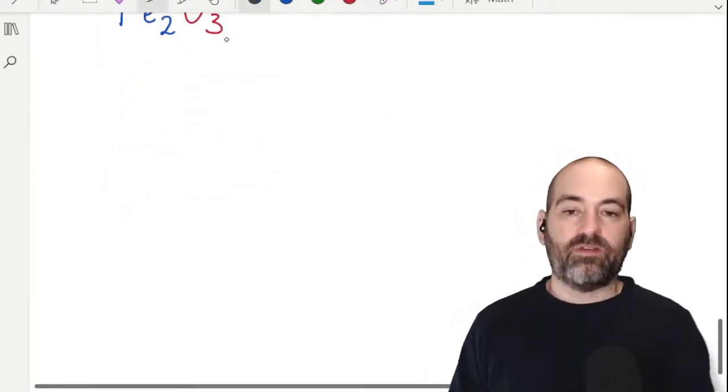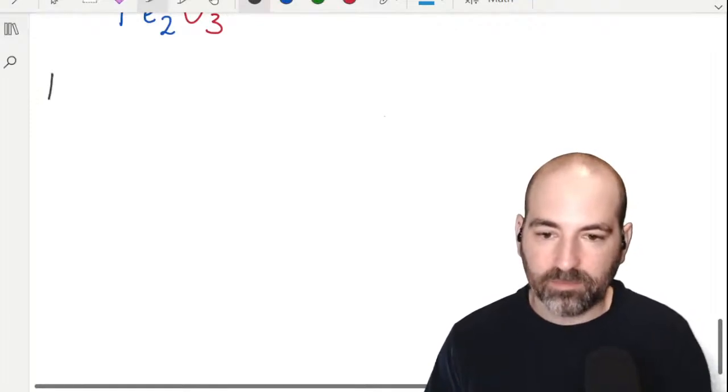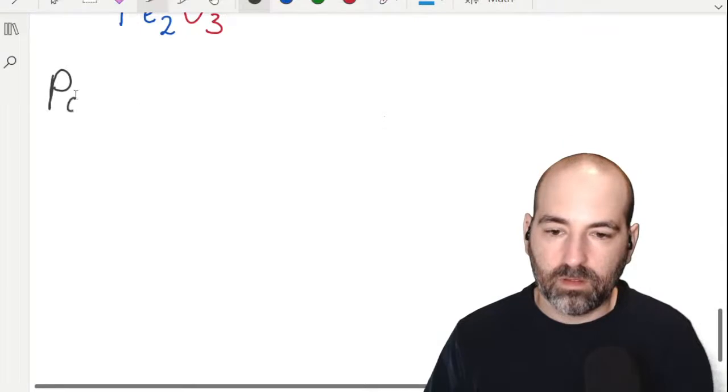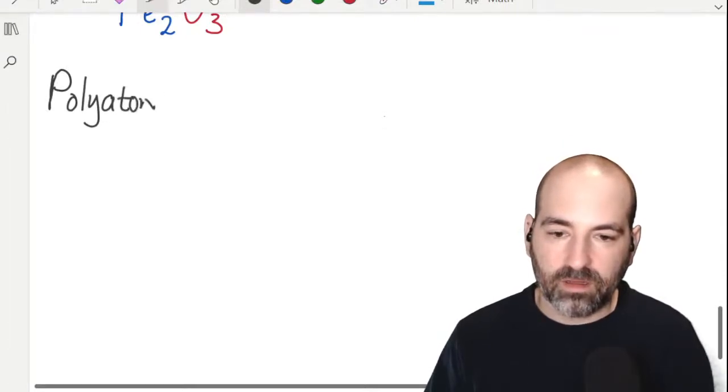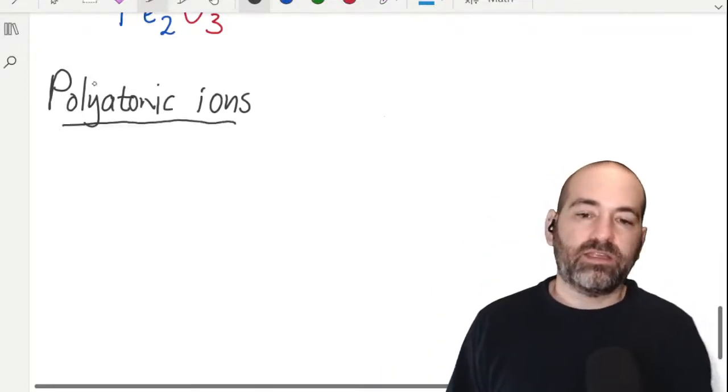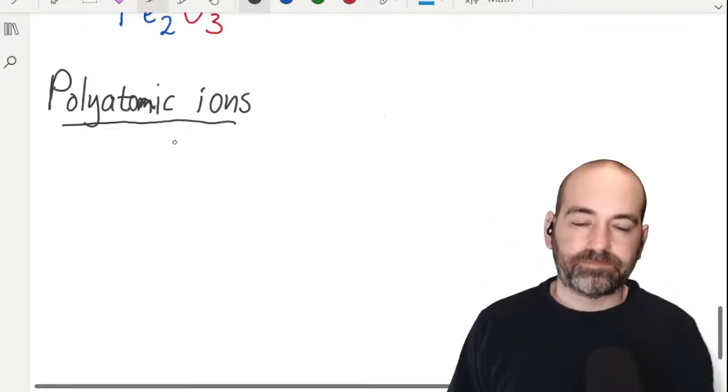Okay, the last category of ions that we're going to deal with are called polyatomic ions. Polyatomic ions are ions that have more than one atom.